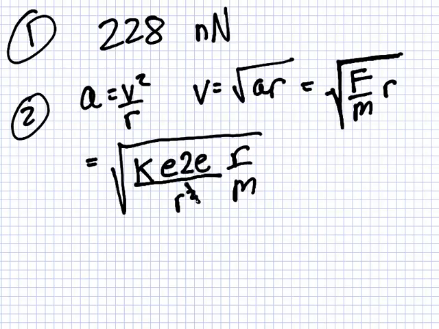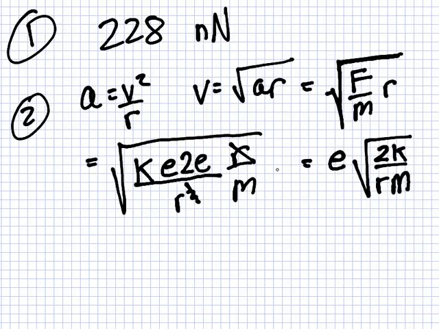So that can cancel that, and this makes an e squared, which cancels with the root. So the simplest I can make it before I use my calculator will be e root 2k over rm. Now, of course, I didn't expect you to do it this way, because I want to just type it in once on the calculator.